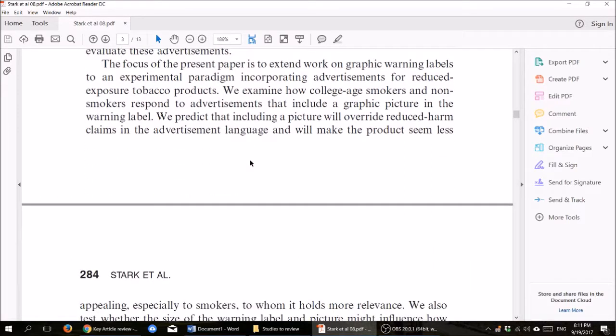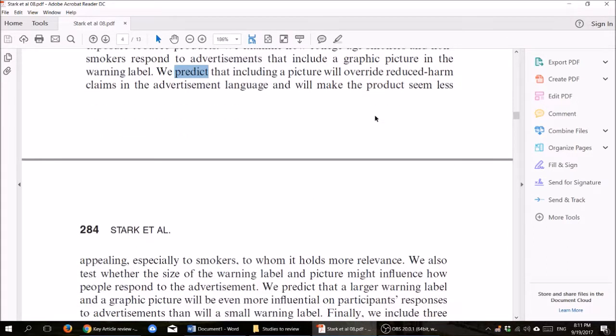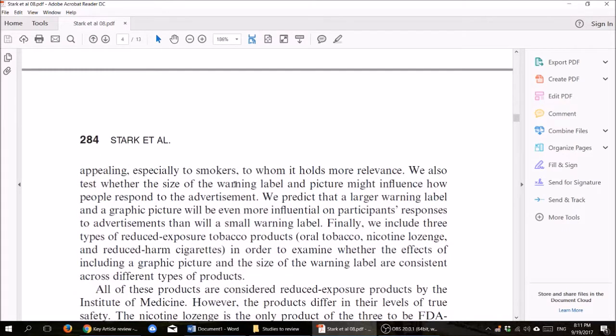And then they say, we examine how those smokers respond to advertisement. We predict, now this is the hypothesis, that including a picture will override or reduce the harm claims in the advertisement language and will make the product seem less appealing, right?